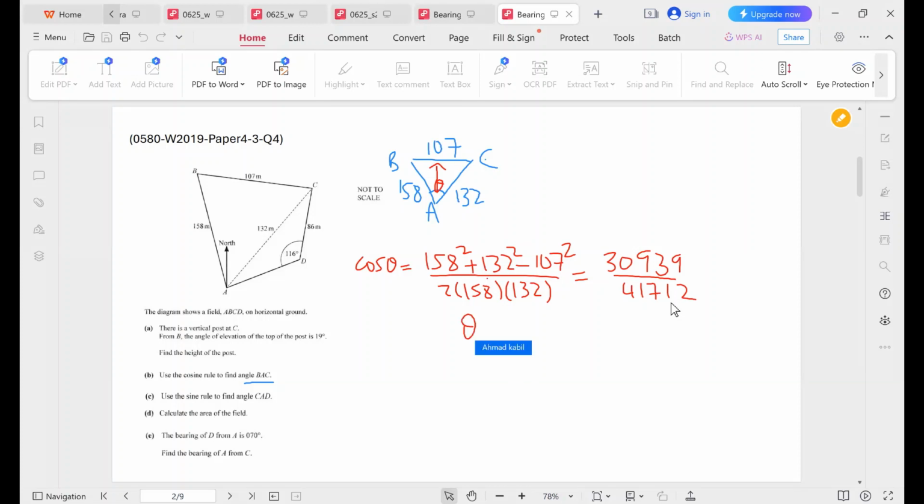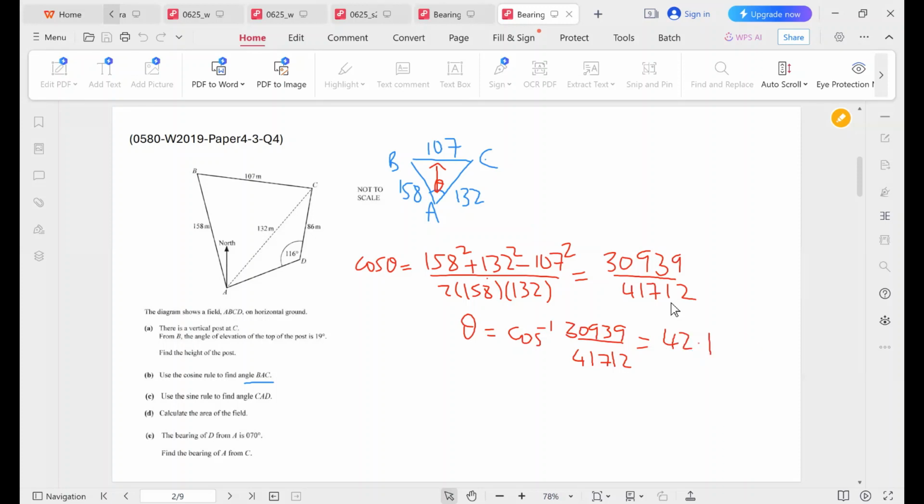So theta equals inverse cosine 30939 divided by 41712. And theta equals 42.12, just 42.1, that would be fine.